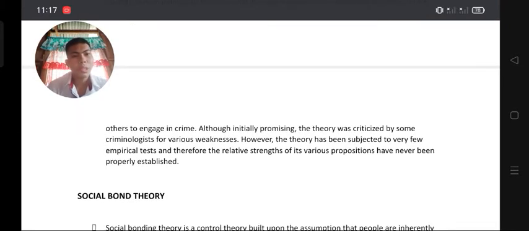Although initially promising, the theory was criticized by some criminologists for various weaknesses. However, the theory has been subjected to very few empirical tests, and therefore the relative strength of its various propositions has never been properly established.